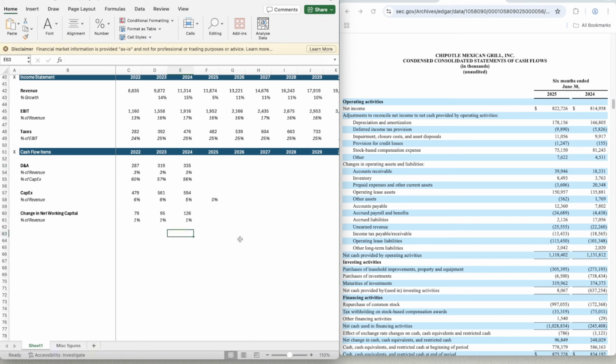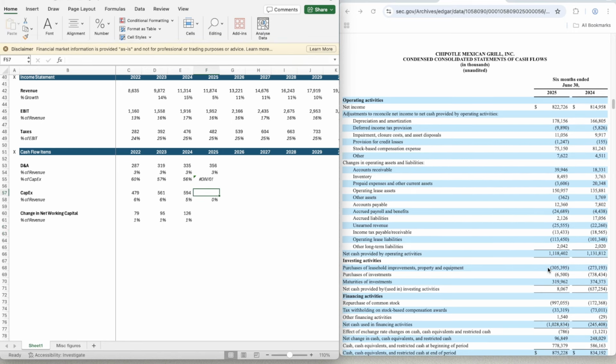Let's just have a quick look at what 2024 was. So 335 divided by 166.8, it's about 2. We'll go with that. 156 multiplied by 2. Oh, we haven't done the CapEx yet. That's why.